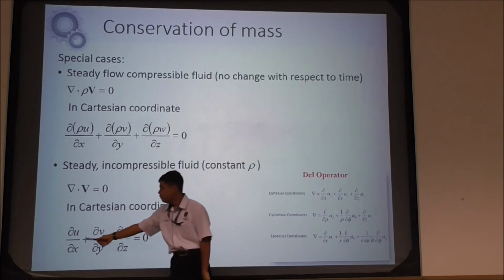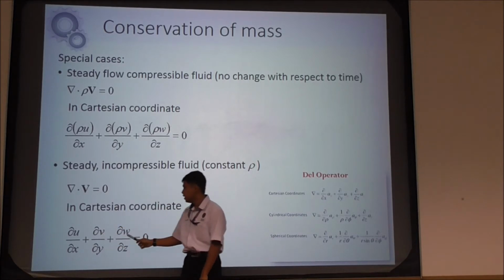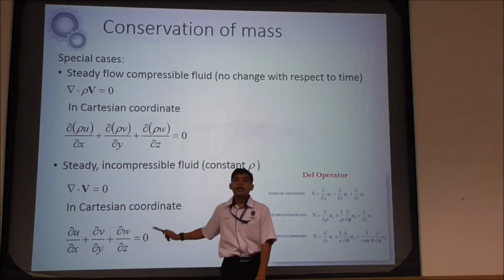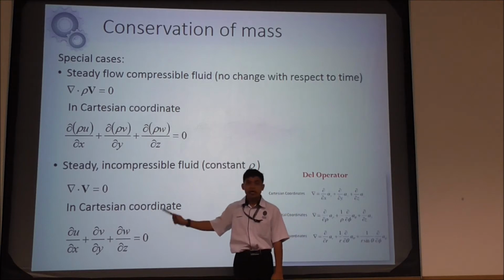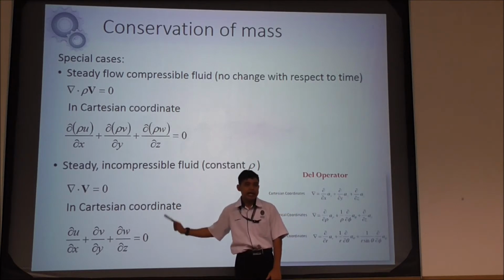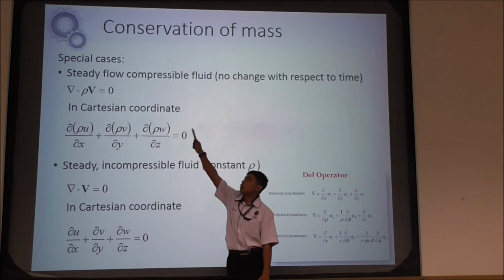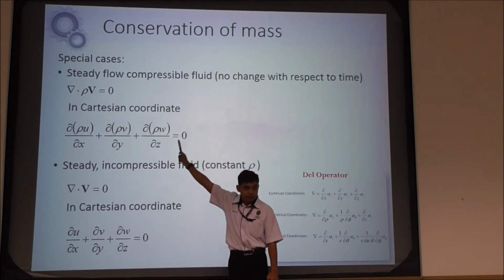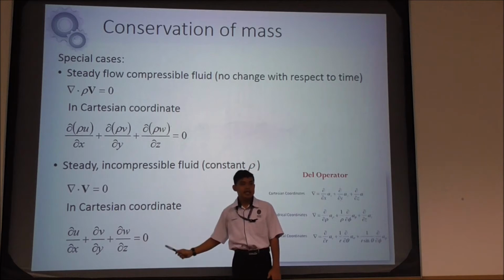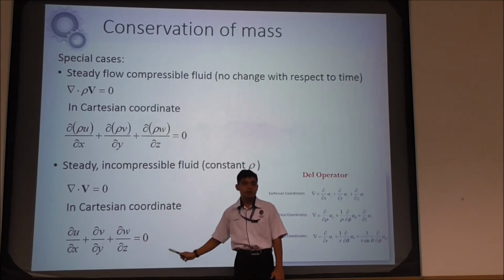So you will end up having du dx plus dv dy plus dw dz equal to 0. This one is only for steady state incompressible fluid. That one is for steady state any fluid. This one is steady state incompressible fluid.